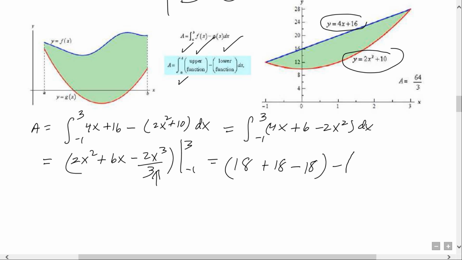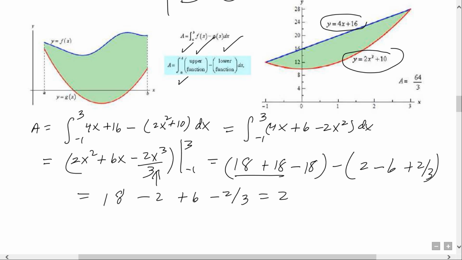And then minus, plugging in minus 1, we get 2 minus 6 plus 2/3. And so we get 18 minus 2 plus 6 minus 2/3 equals 22 minus 2/3 equals 64/3 is the area under the curve.